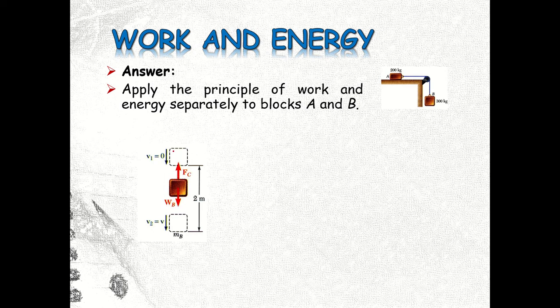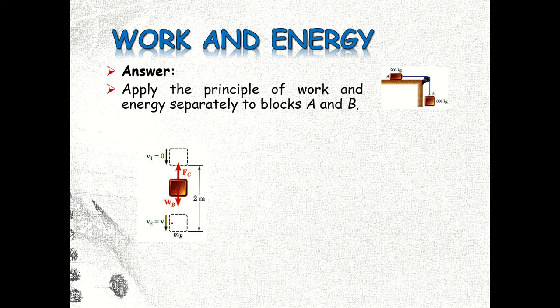If block A is pulled to the left, then naturally block B will go up. But in this scenario, at this position V1 is equal to 0. This is the initial position of block B, before the blocks are released. When it is released, because it is heavier than block A, it will pull block A and go down.